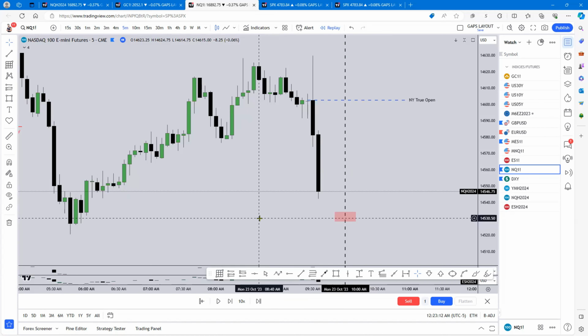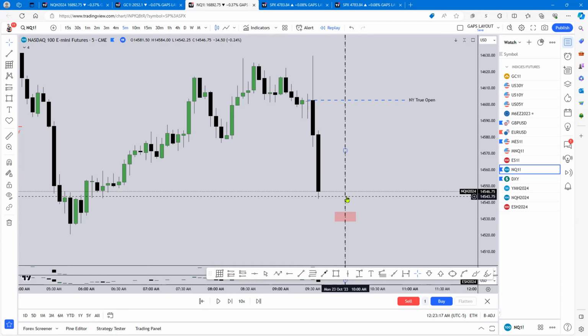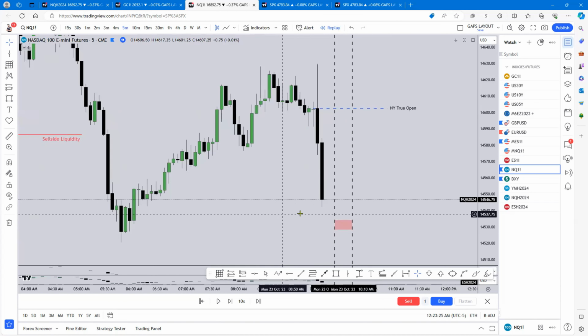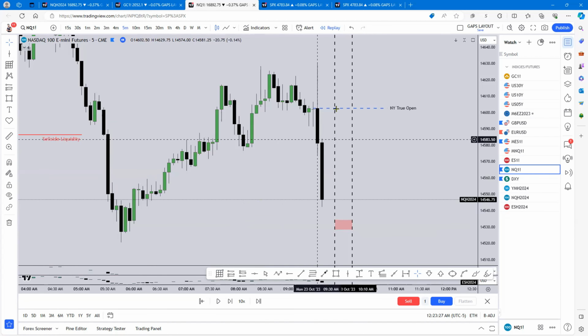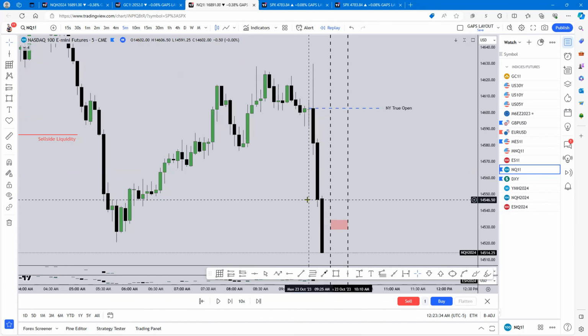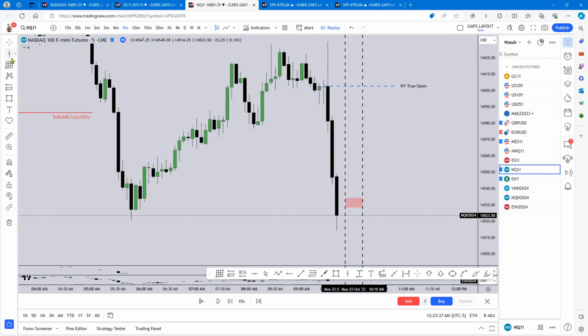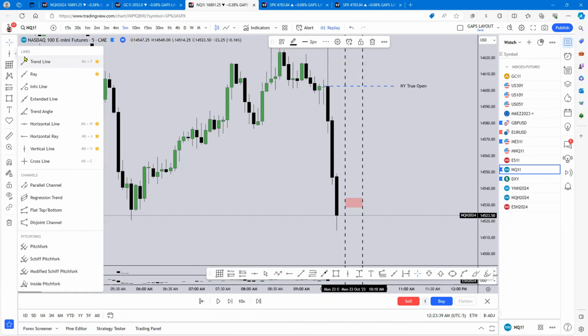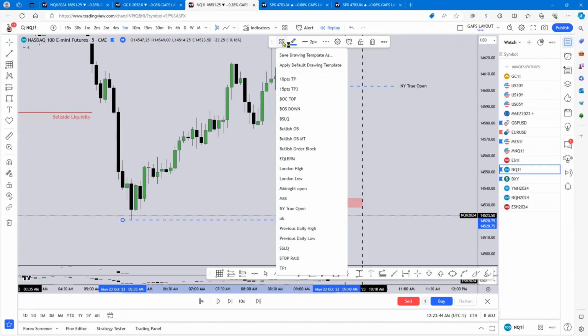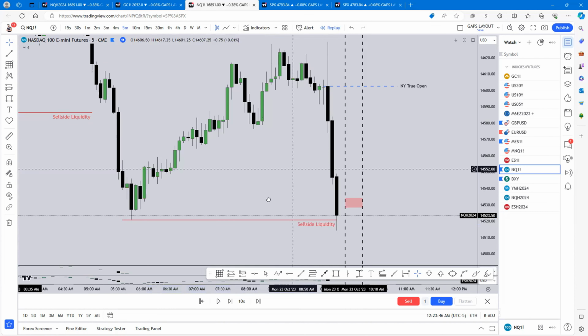Typically 9:50 to 10:10, I have 9:50 to our 10:10 macro here. From 9:30 to about this macro, we get a fake out or a Judas swing. So we get sell side taken one more time in here, these lows. Here, sell side liquidity.